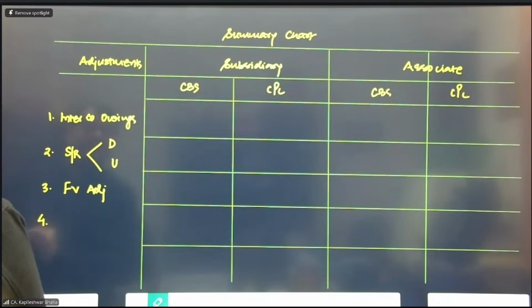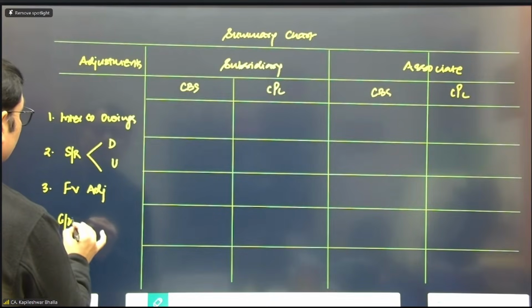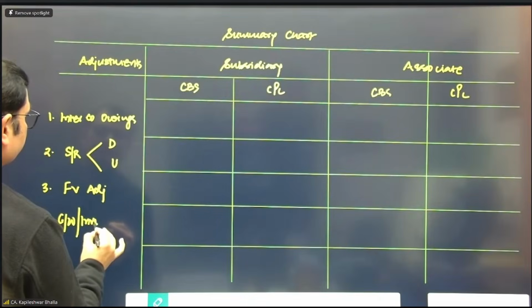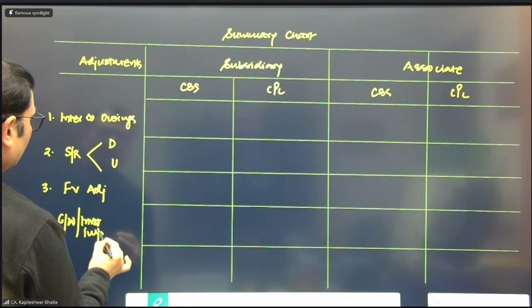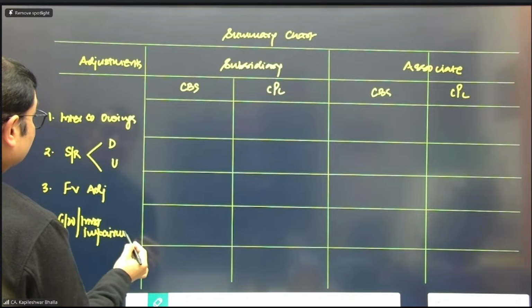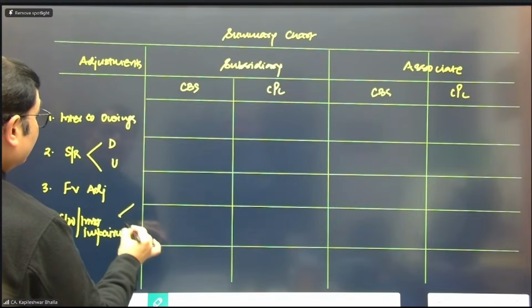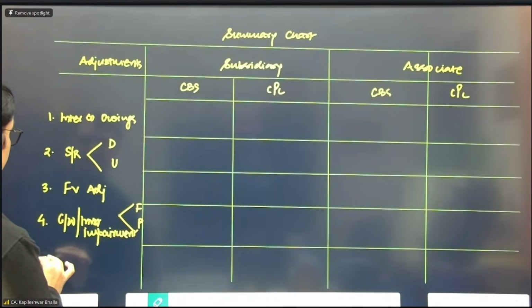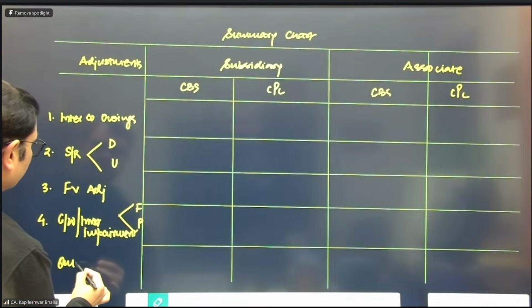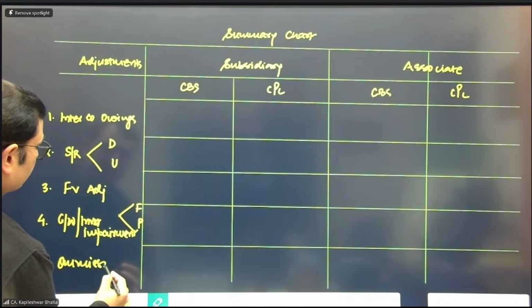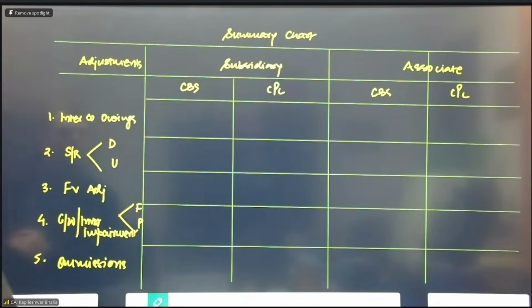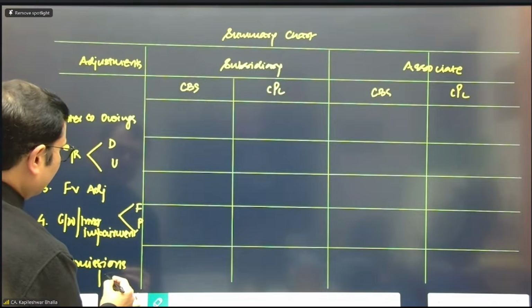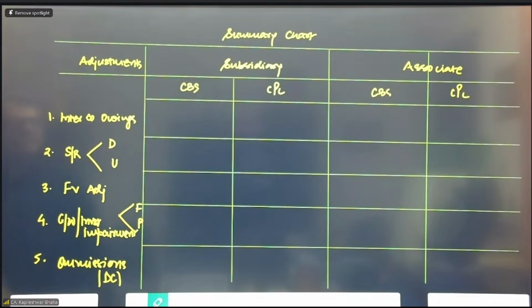Then the goodwill or investment impairment, in which there is full and partial goodwill, so putting it as F and P. And then I'm looking at any kind of omissions. Typically, the omission I'm looking at is the omission of DC, deferred consideration.